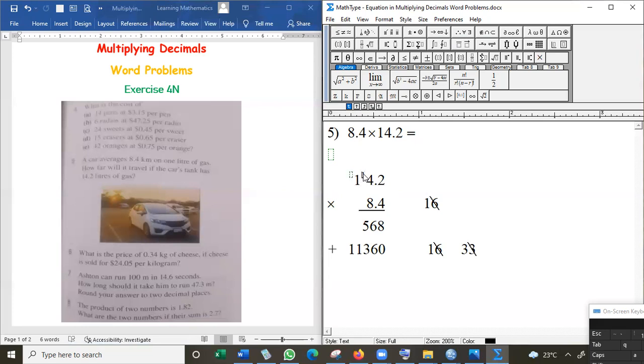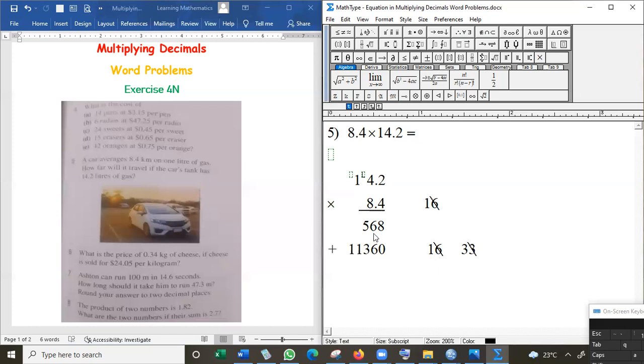So let's clear that now. Now we're going to multiply by the 8. But before we multiply by the 8, we have to put a 0 under that 8. We have forgotten to put the 0. We have to put a 0 under that 8 before we start multiplying by that 8. So now when we say 8 twos are 16, write the 16 here, bring the 6 here.